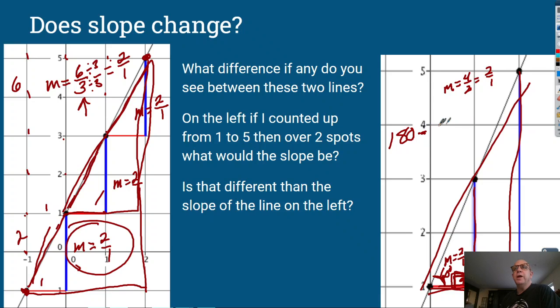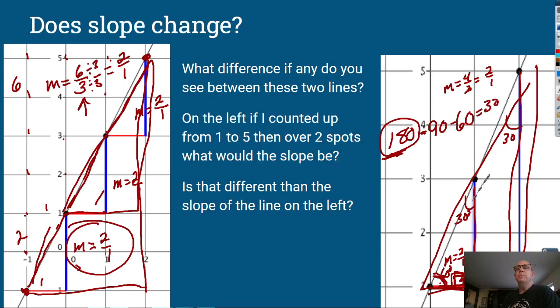So the third angle would be 180 minus 90 and then minus 60, which is 30. So if this triangle has a total of 180 degrees in all three angles, then this one must be 30. But the big triangle also has 180 degrees, also has a 60 and a 90. So this last angle has to be 30 as well.